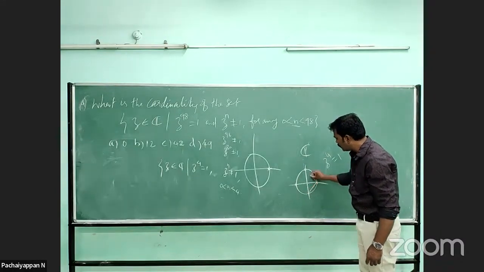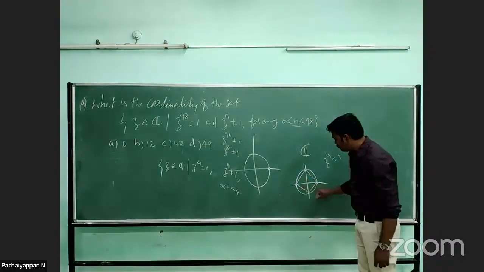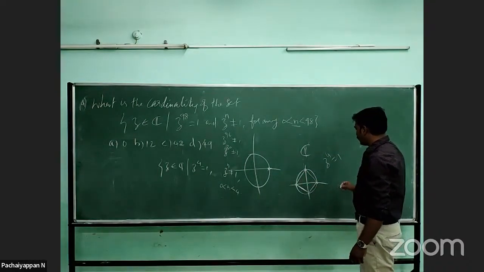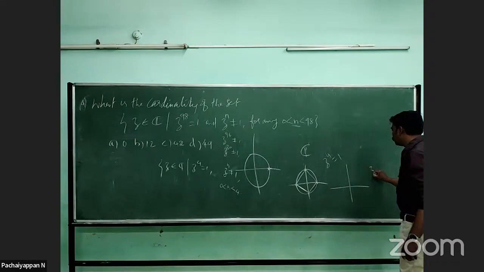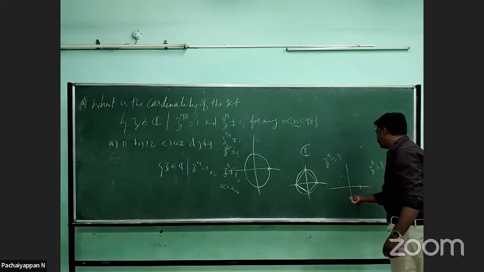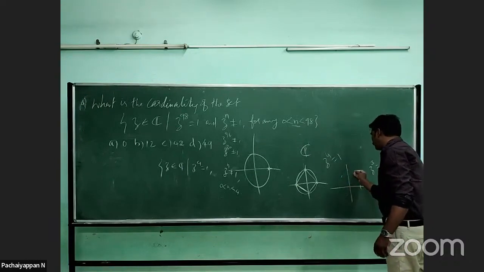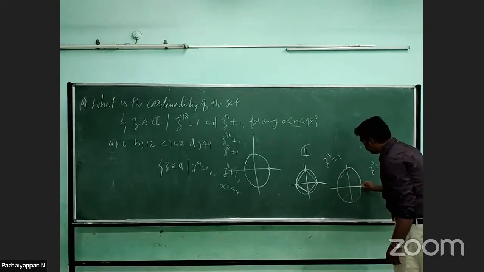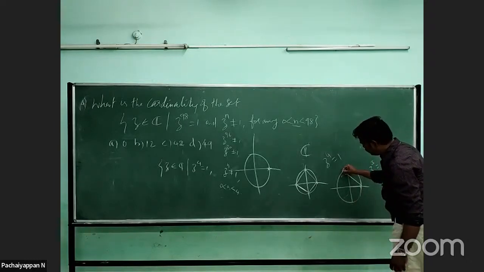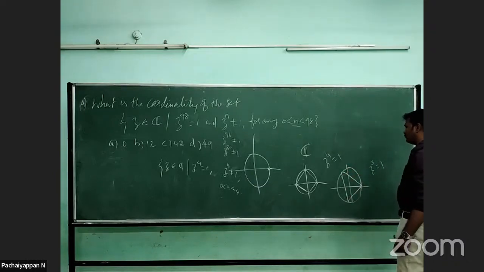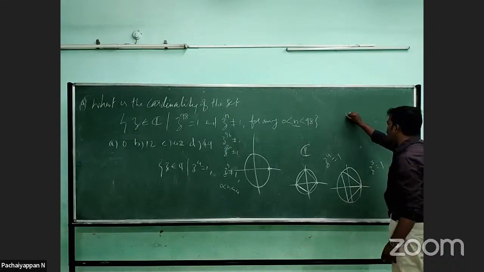It becomes like a square. The cube roots of unity are 1, omega, and omega square. That will be 1 and somewhere here, somewhere here. This will be a triangle.